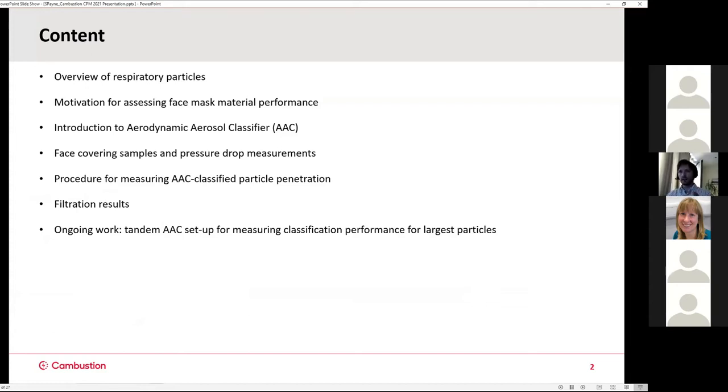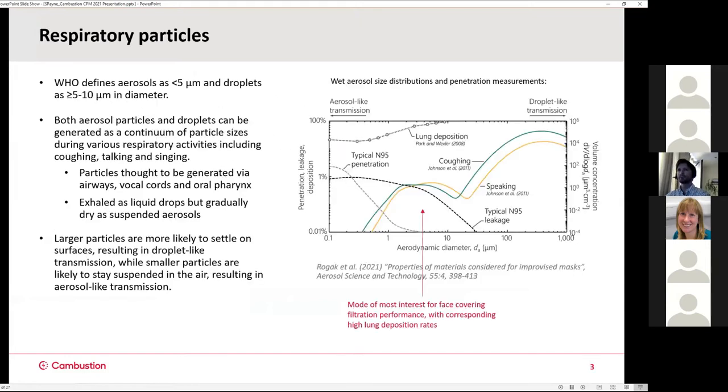I'll cover the face covering samples that we tested and their pressure drop measurements before moving on to the procedure for measuring the AAC classified particle penetration, followed by the data. And then I'll finish up with some ongoing work where we're using a tandem AAC setup for characterizing the classification performance right towards the top end of the AAC size range.